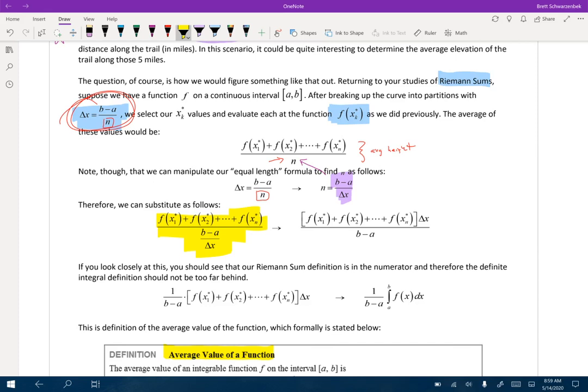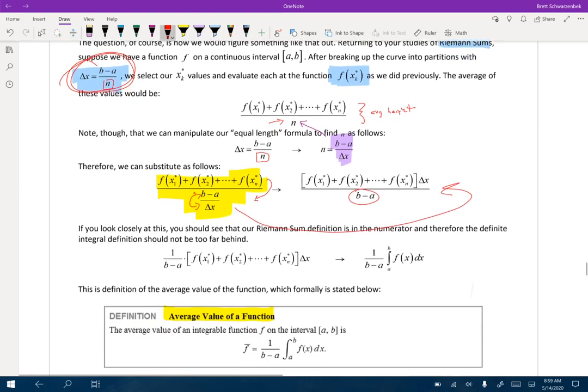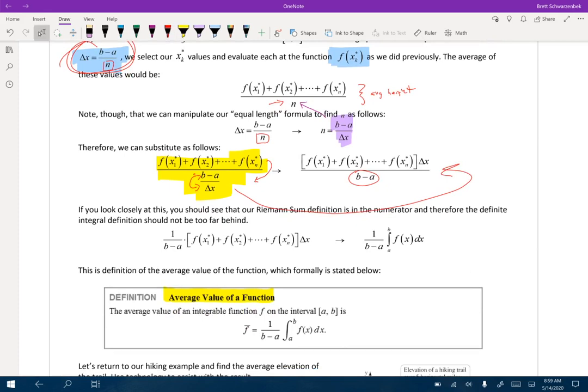Now, b minus a is actually a constant. Before we do anything, though, since we have a fraction divided by a fraction, we multiply by the reciprocal, so we flip this and multiply. So the change of x ends up being multiplied by the top, and the b minus a stays on the bottom. But as I stated, b minus a is a constant, which means we can move that out like this, times this expression.